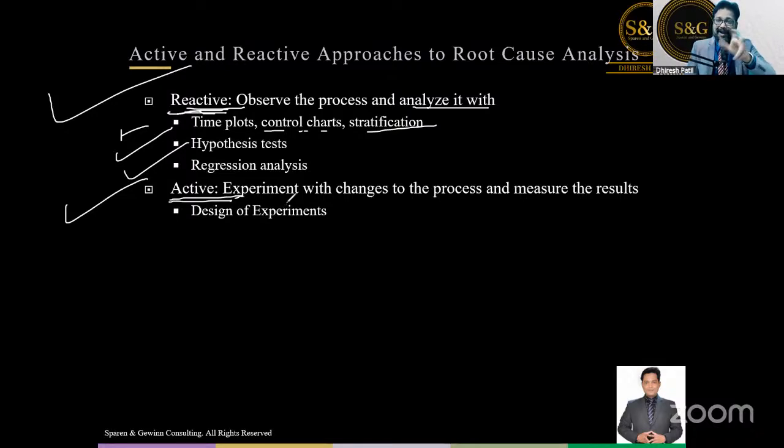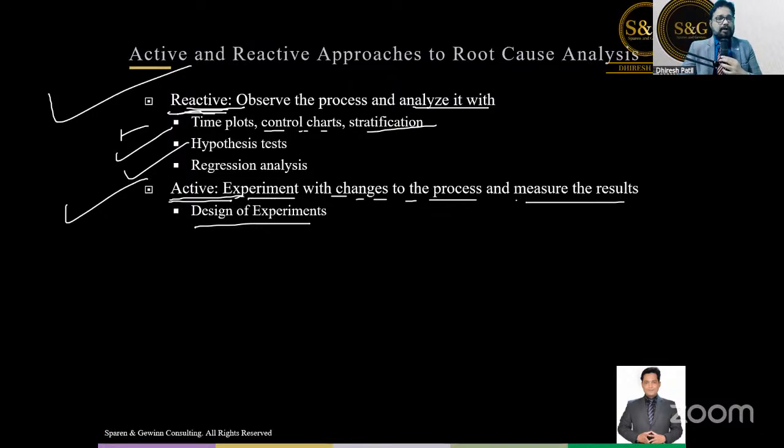We change the parameters of the process and then we collect the data. This is called experimenting with changes to the process and measuring the result, and that is called design of experiments.